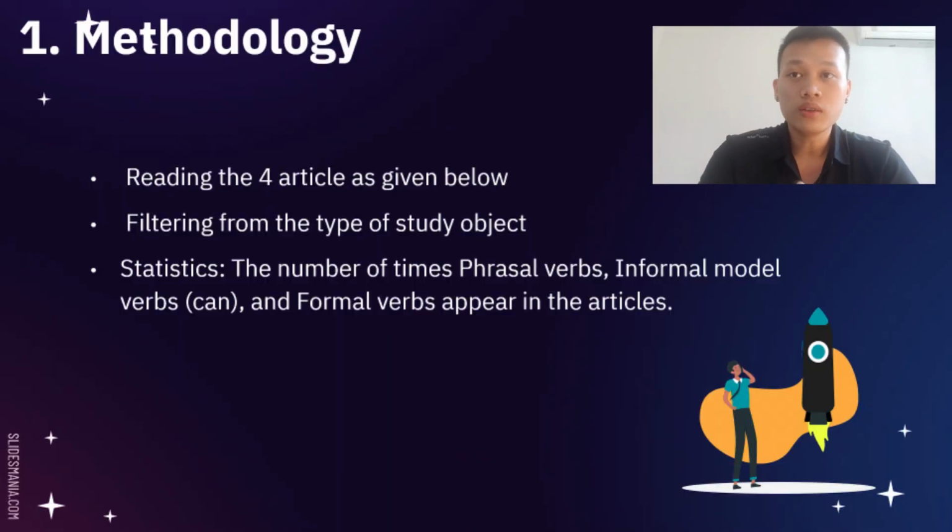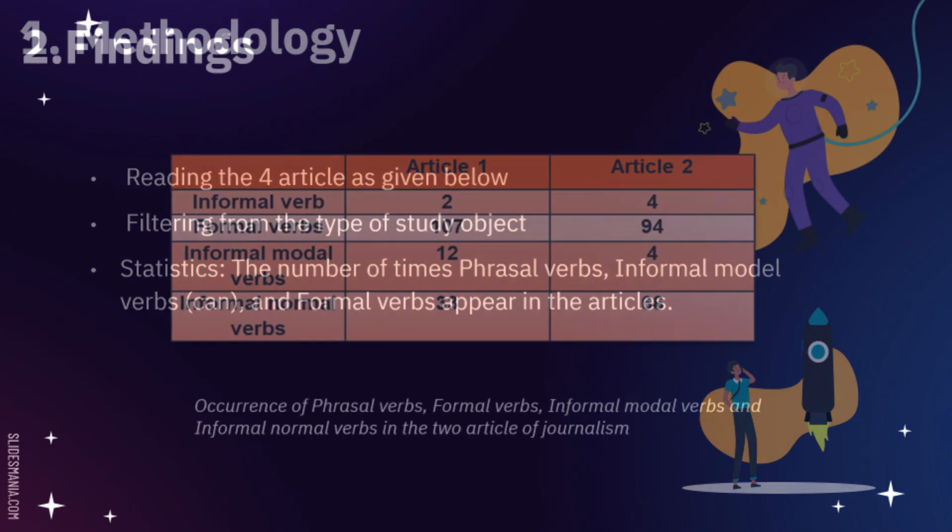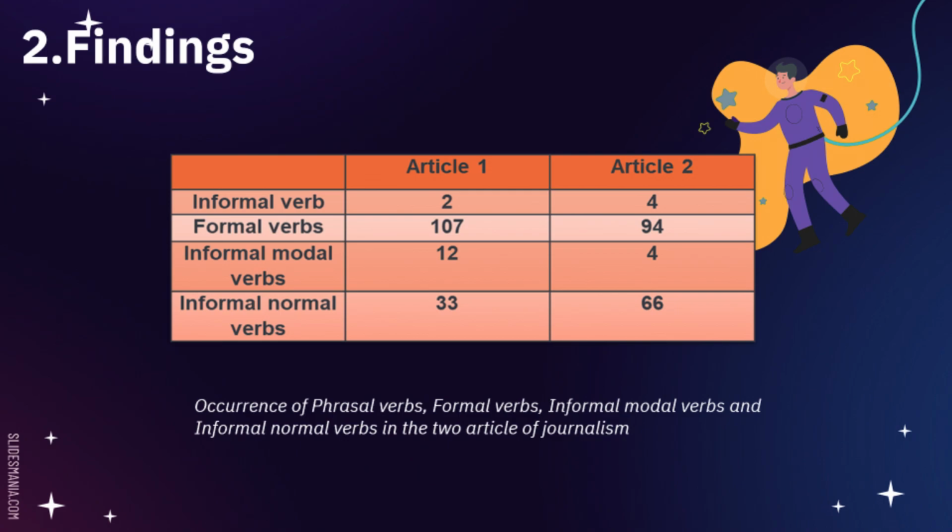And after that, we filter by the type of study objects, and we have statistics about the number of times the phrasal verbs, informal modal verbs, and formal verbs appear in the articles. We find that the two tables below are our statistics, and I have mentioned them before. All of you please take some minutes.